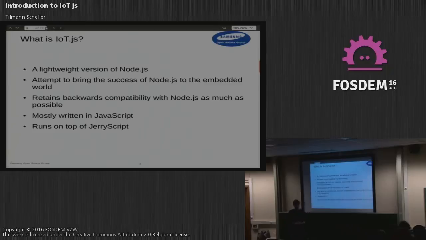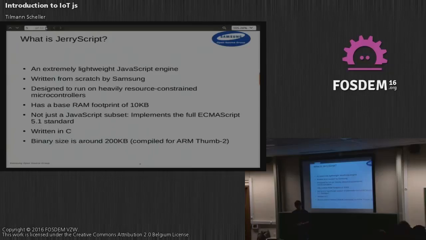So JerryScript is a really lightweight JavaScript engine we developed from scratch. And it's really designed to be used in environments where there's very little RAM. So you can see the base footprint is at 10 kilobytes. So that can still fit on a really small microcontroller.